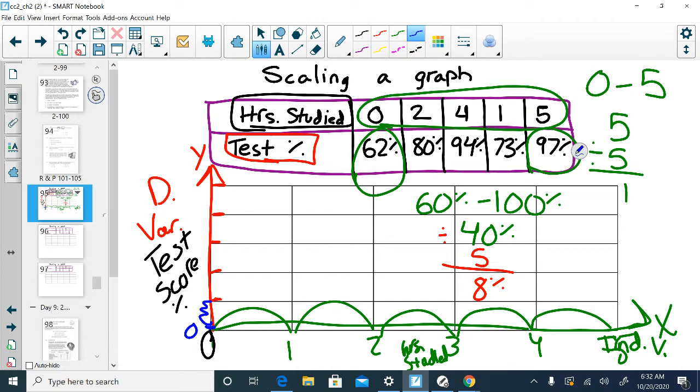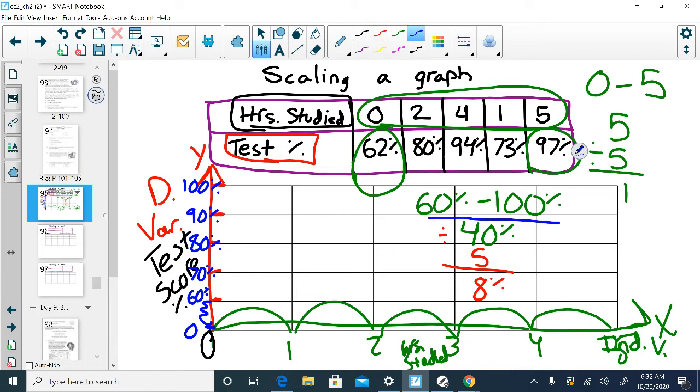So we go from 0 and we jump up to 60%. Next we have 70%, 80%, 90%, and 100%.